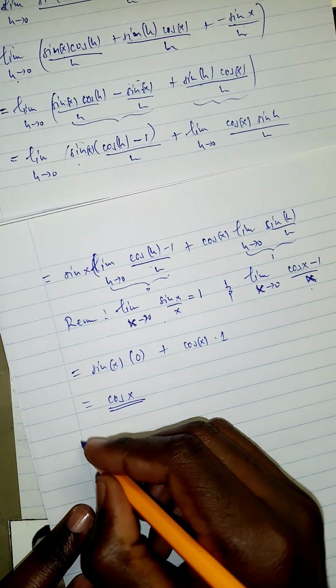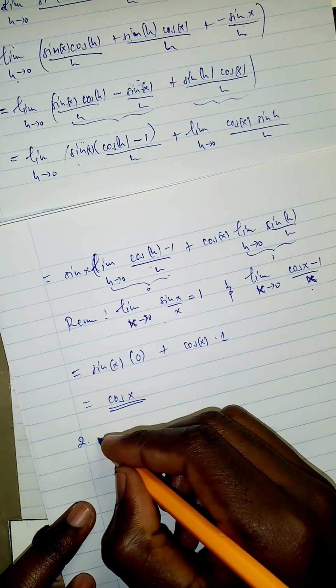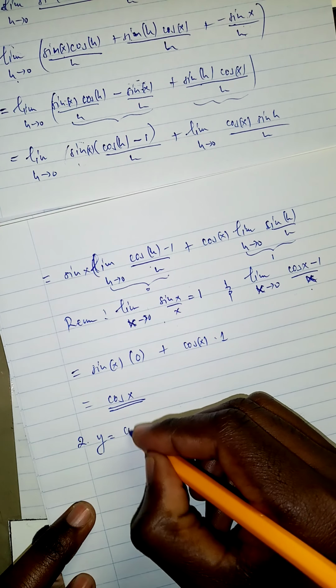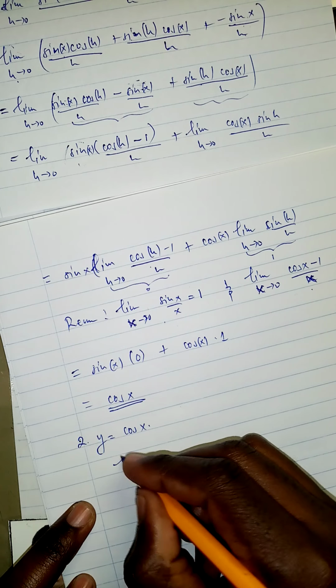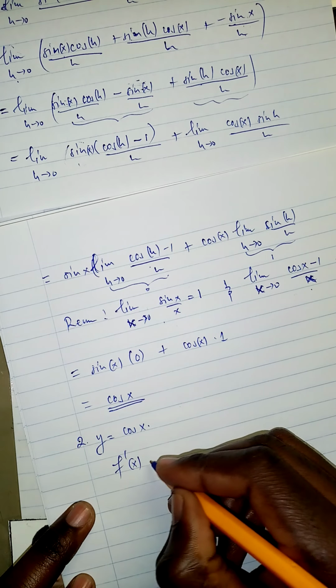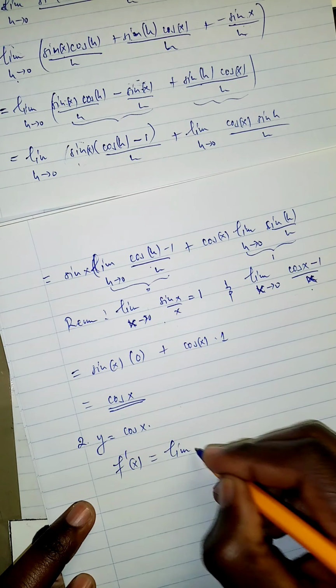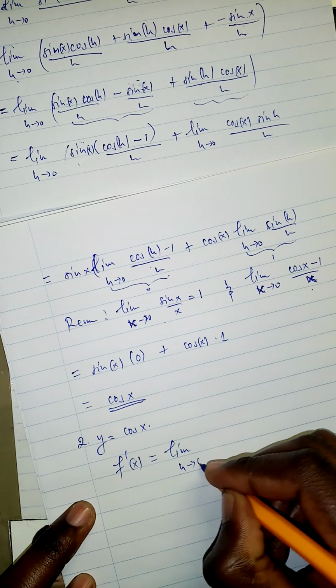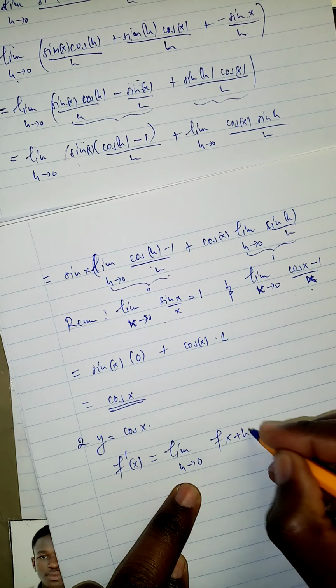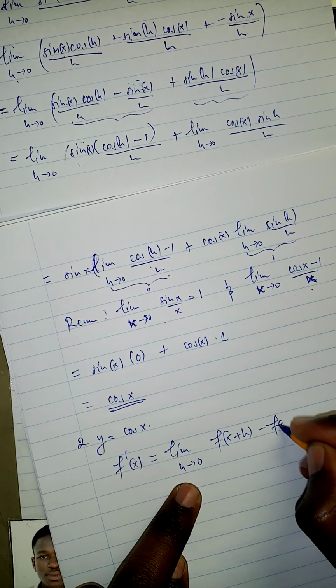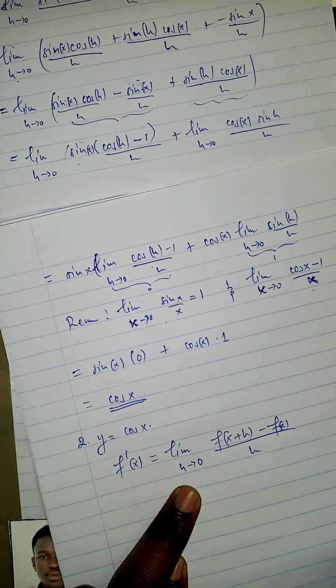Let's do it for cos. Example 2, that is y equals cos x. So we have that formula, we know it, right? Never say you're tired of writing lim and then you leave it. They'll mark you down. Everything over h.